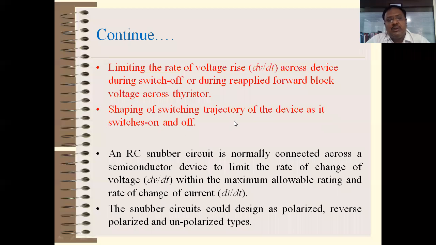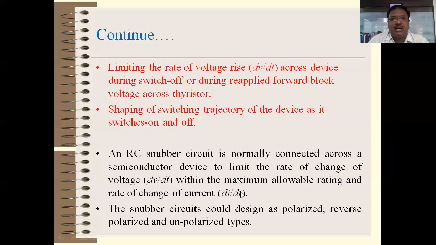Now, these are actually the conditions which generate the high voltage transients, and because of that, your device may get damaged. So we have to protect our device from any high voltage transients, right? So RC snubber circuits are normally connected across the semiconductor device to limit the rate of change of voltage, that is high dV by dt, and the rate of change of current, that is di by dt, within the maximum allowable rating.